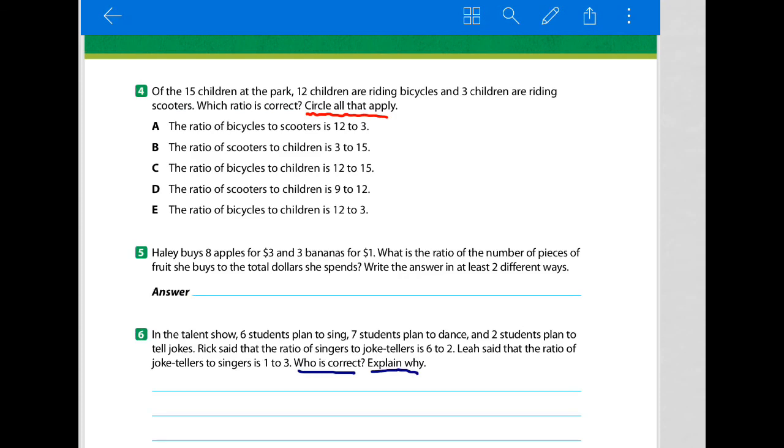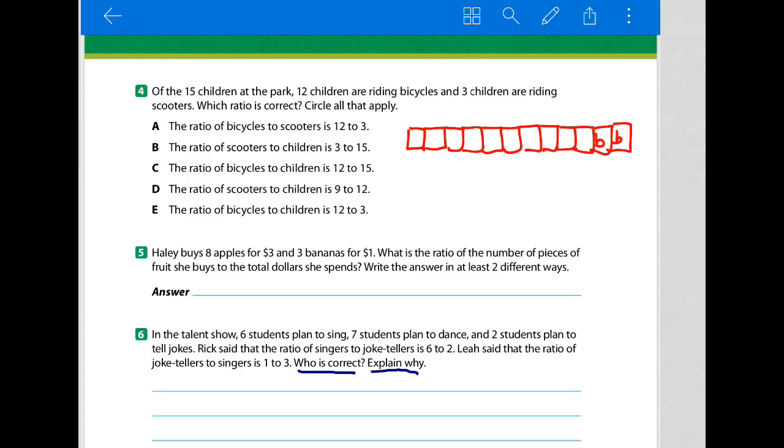All right, so to help me think through this one, I'm actually going to draw some pictures or maybe make a tape diagram. So of the 15 children at the park, 12 are riding bicycles. So I'm just going to do 12 rectangles. 3, 4, 5, 6, 7, 8, 9, 10, 11, 12.